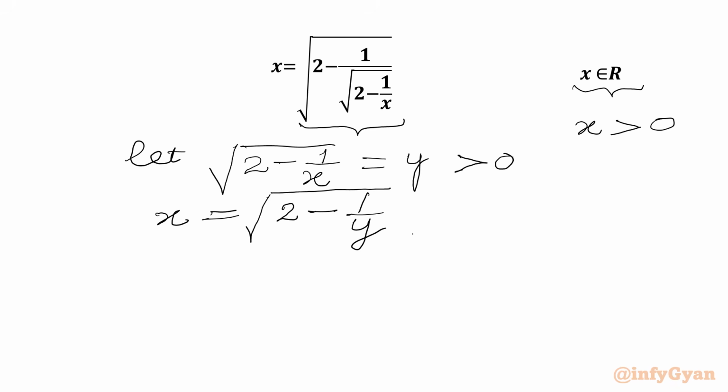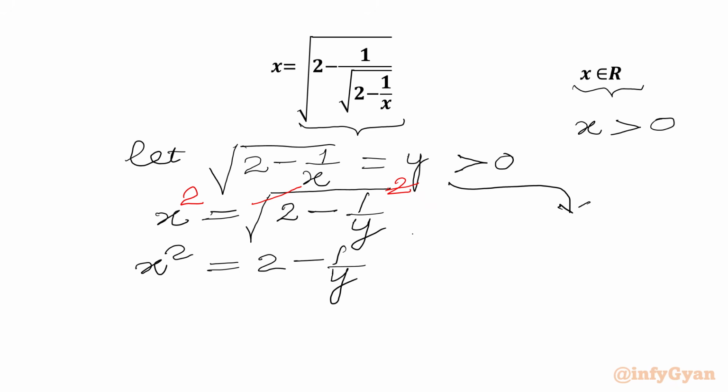Now I will be squaring both sides. So I can write power 2 in LHS, power 2 in RHS. Now square root and square will be cancelled out. We will get the equation x square equal to 2 minus 1 over y. Now we will consider our substitution here. We will be squaring both sides.